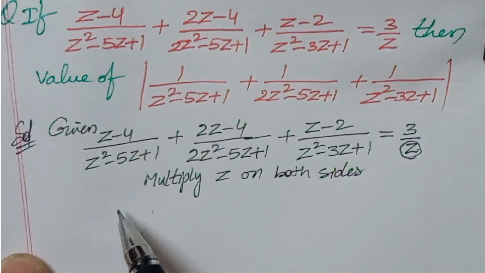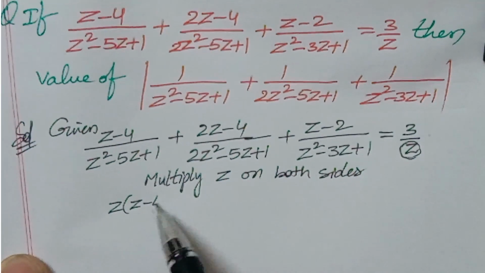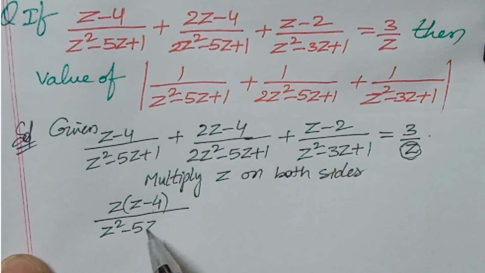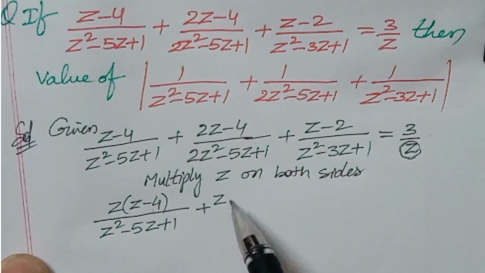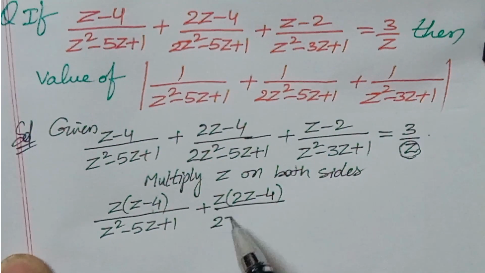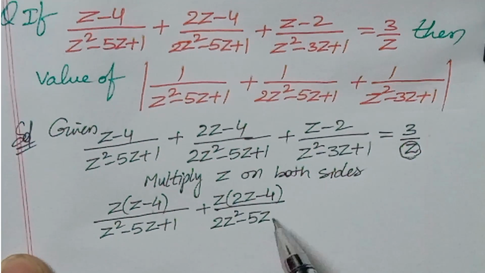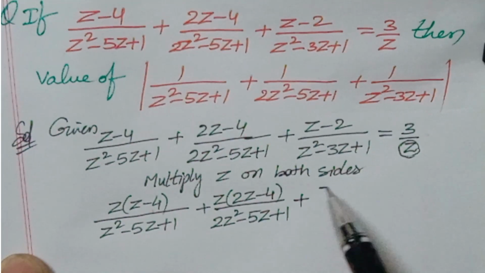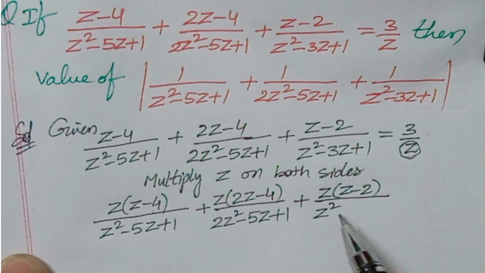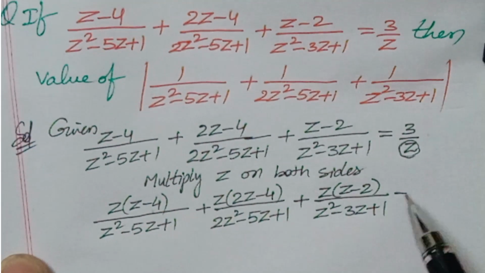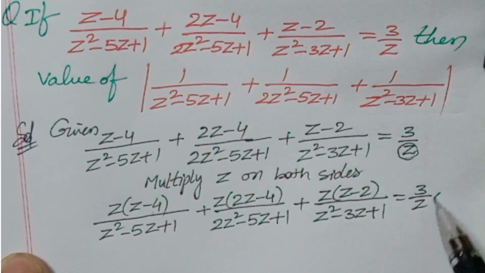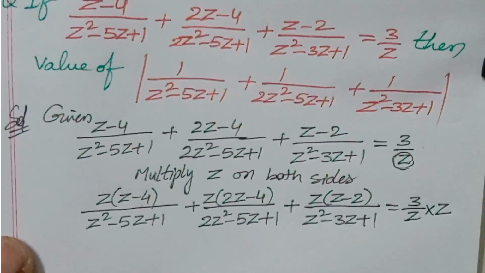So here what will we get? z into (z − 4)/(z² − 5z + 1), z into (2z − 4)/(2z² − 5z + 1), z into (z − 2)/(z² − 3z + 1) is equal to 3/z into z.